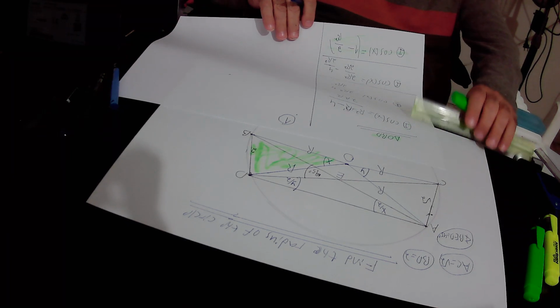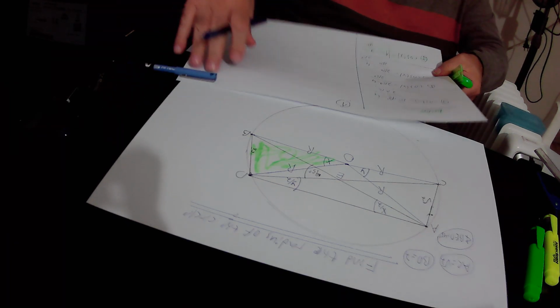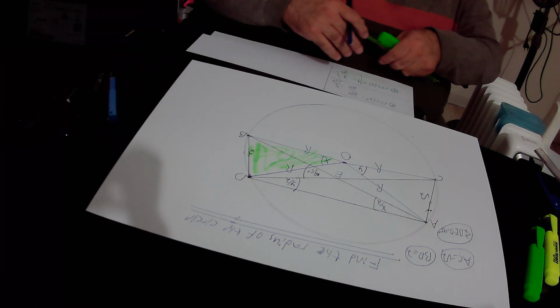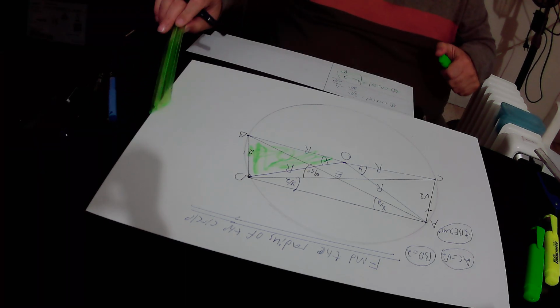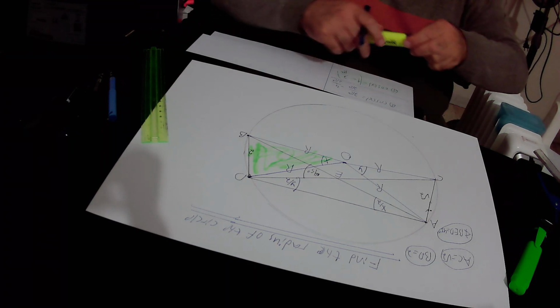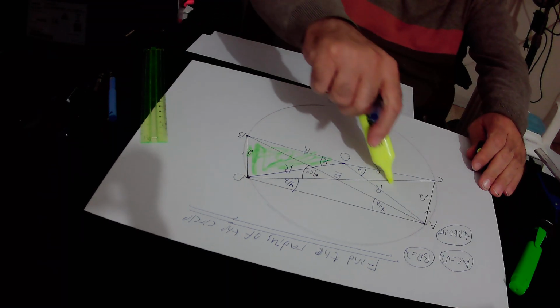In the next step, we'll implement the law of cosines on the yellow triangle, triangle ACO.